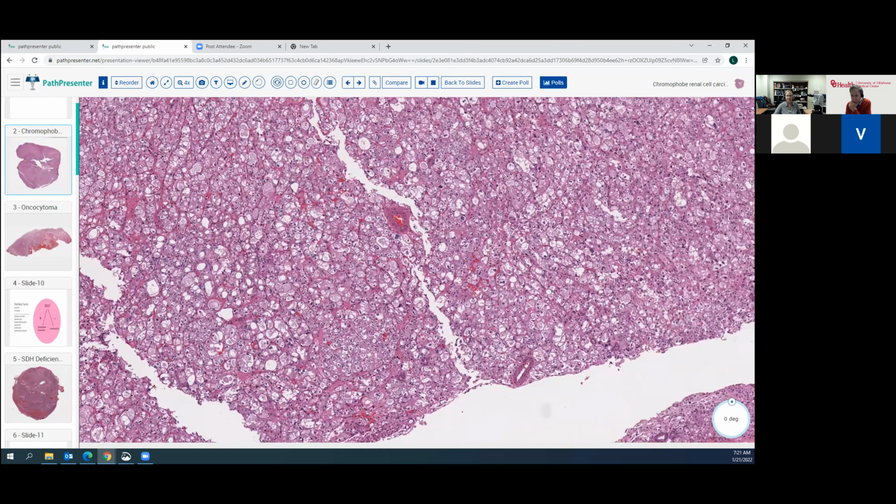As we look around, let's see if we find any cytoplasmic inclusions. There might be one there. Let's see. There's one there. So I'm trying to point out the trademark of this lesion. So there's some in here.